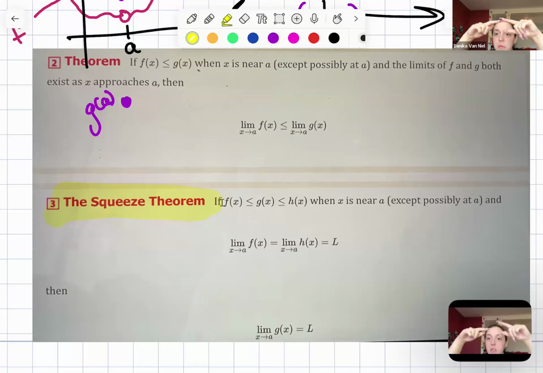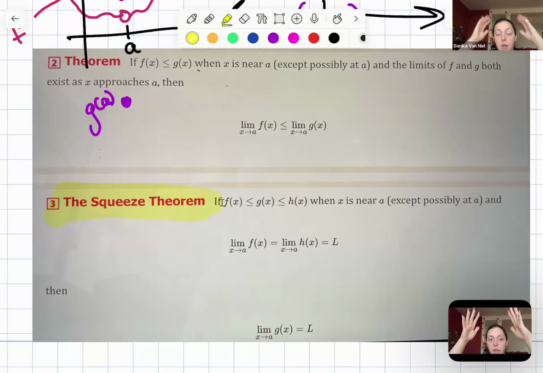G was between the two. Maybe G was bouncing around. I don't know what G was doing, but G was between the two, and then the two squeezed in and became equal. Their limits agree, so G's getting squeezed in between them, so G's limit also has to be that. That's kind of the vibey reason as to why this is true.